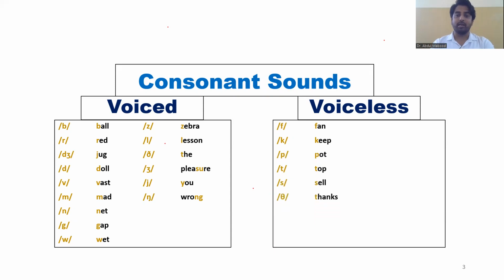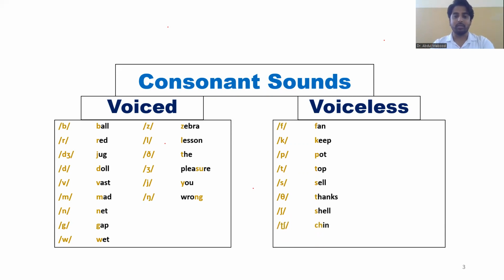Then tha sound, as in thanks. Then sha sound, as in shell. So if you remember which are the voiced and which are the voiceless sounds, then it will be very clear to you when to pronounce the S sound and when to pronounce the Z sound, which come at the end of any word. Fine.